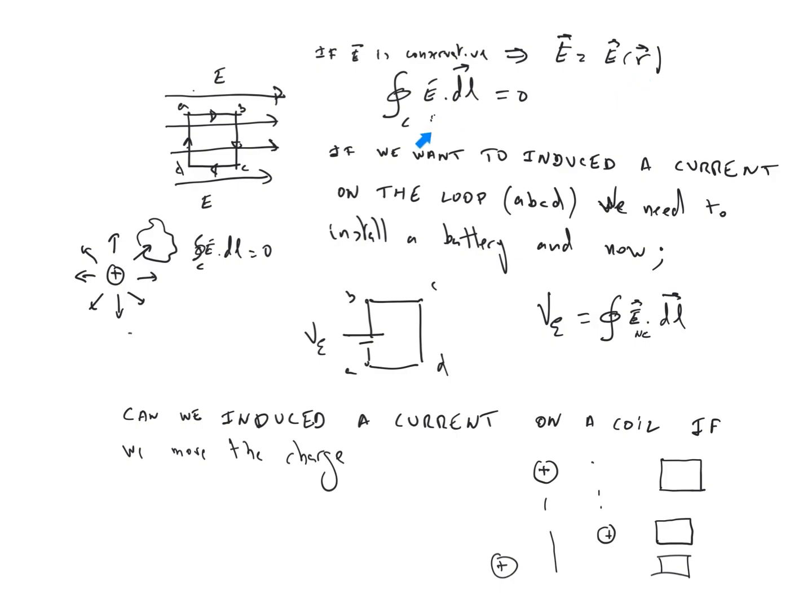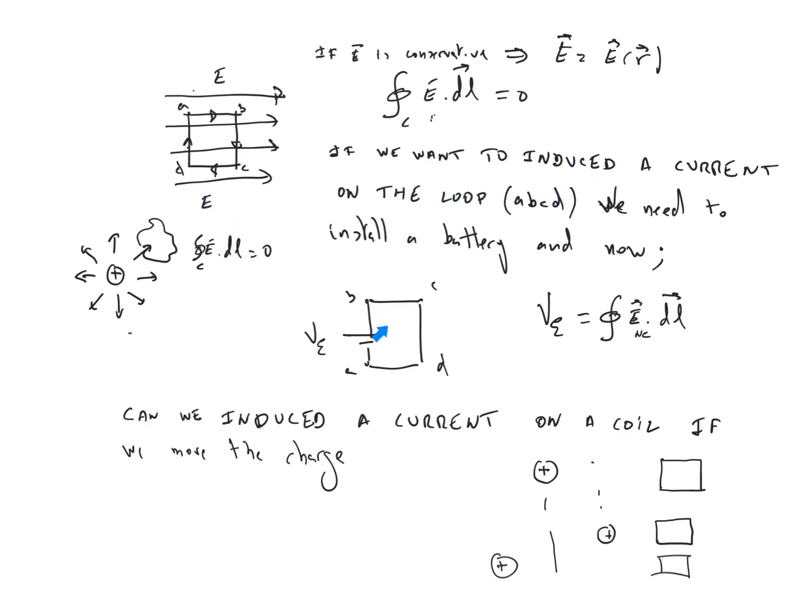So the meaning of this equation is that the electrical field is conservative, and also that you cannot create currents using electrical fields that are not dependent on time.